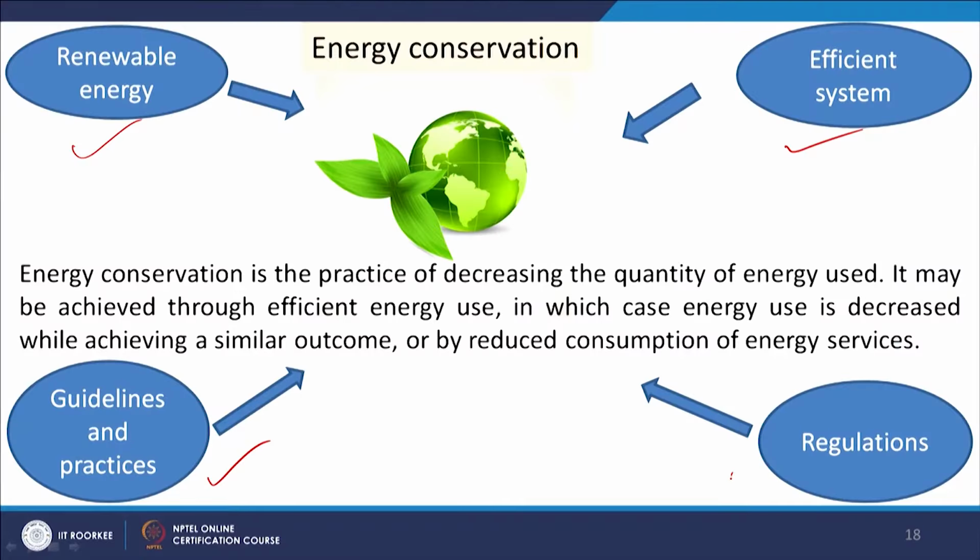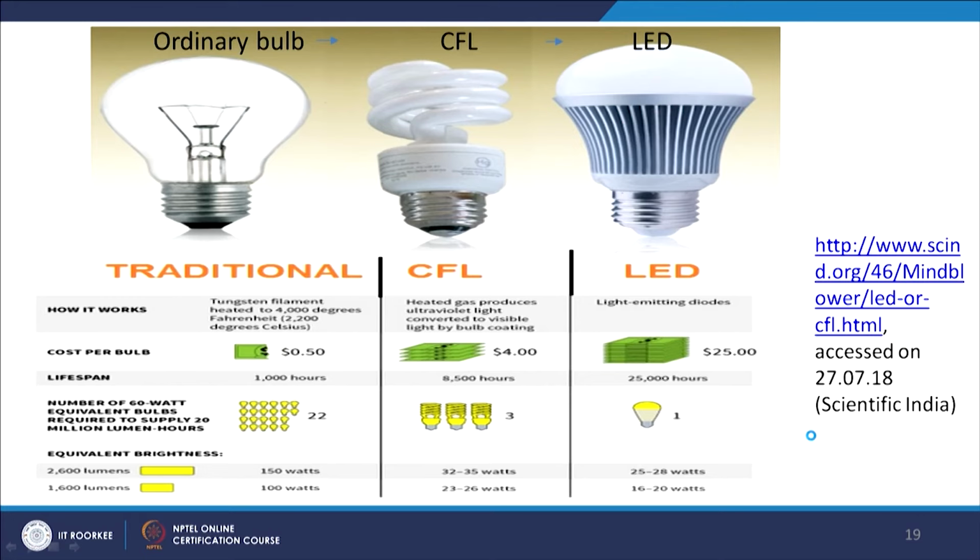We need some guidelines and practices, and we also need some regulations. People are already working on this. New technologies are being developed which are more efficient in terms of energy efficiency. Here an example is the traditional bulb, ordinary bulb, and CFL and LED. If we compare these three types of technologies, we see the cost is different.